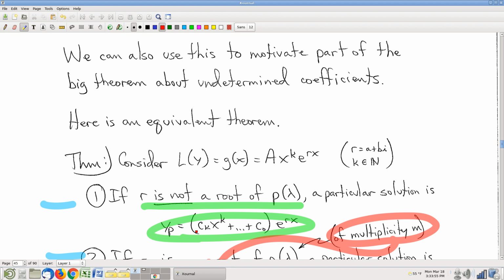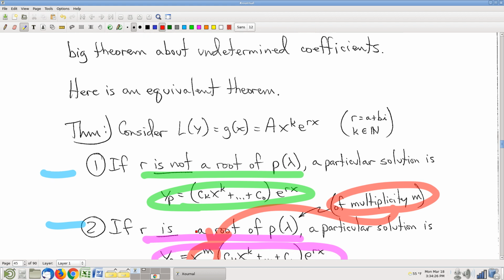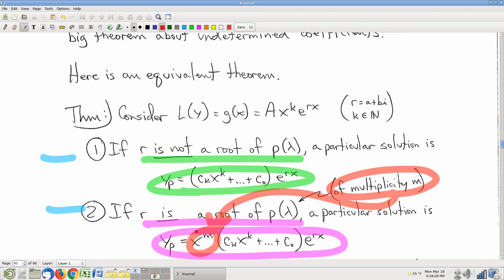When you take a function of this form and plug it into the equation, you've got all the different terms that seem like they ought to be able to pair each other off and balance each other out. We could prove this. It would just take some time, and I think this assertion is sufficiently plausible that I don't think it's a good use of time for us to actually prove part 1 here. I'm just going to say part 1 is pretty believable and pretty well motivated, which I think will be fine for Math 216. However, not so with part 2.